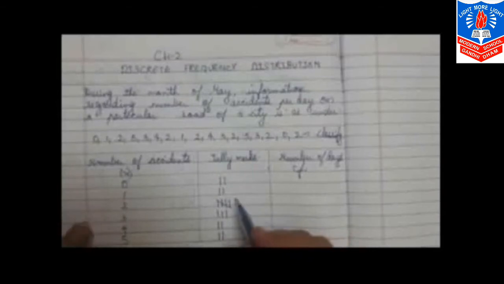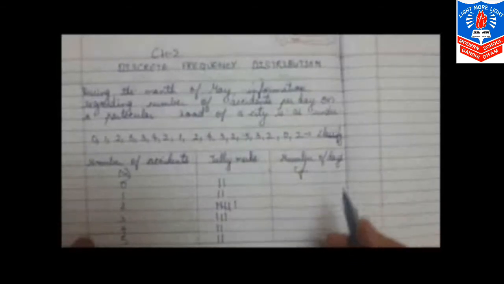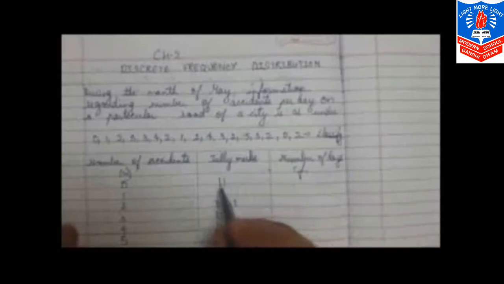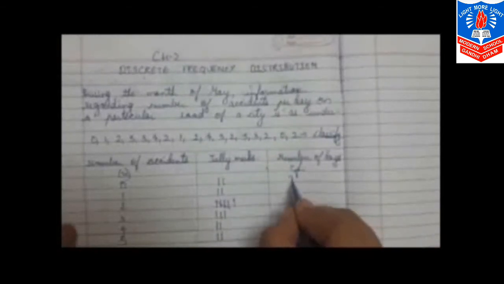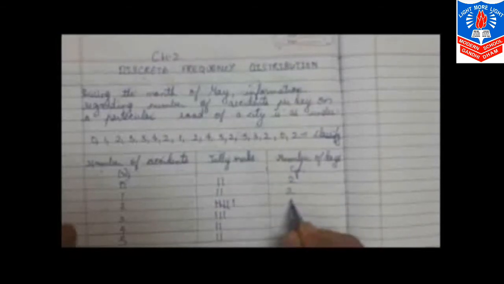So now I'll make the final total in the column of number of days of frequency. Very first one is 2, again 2. Yes, this is 5 plus 1, it is 6, then it is 3, 2 and again it is 2.